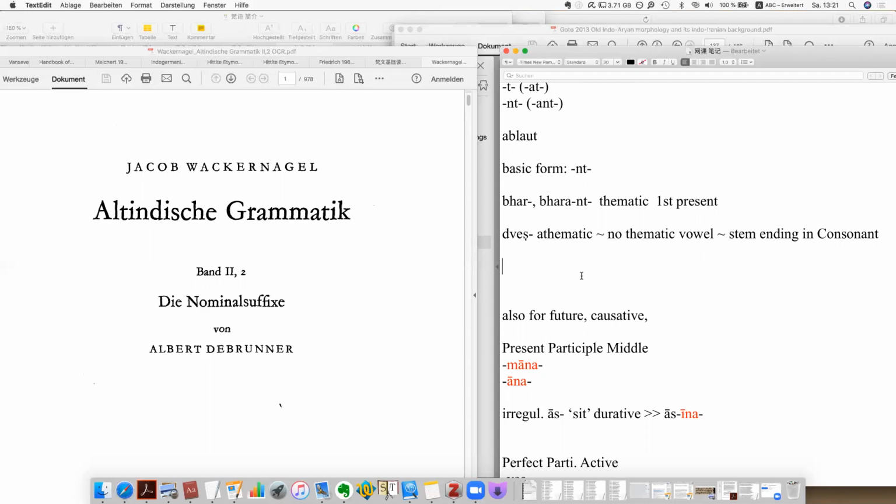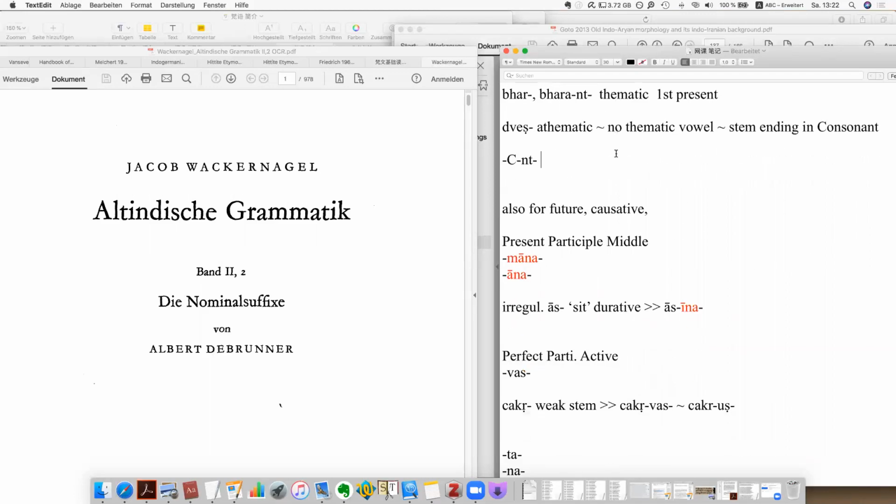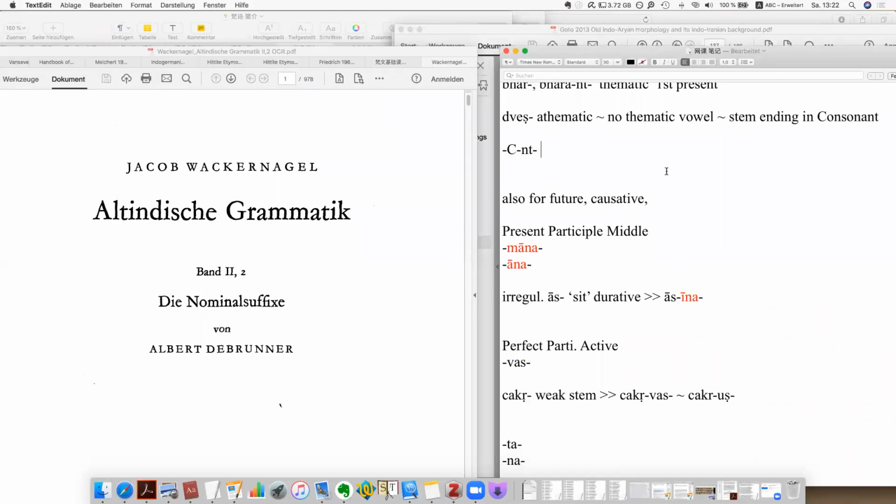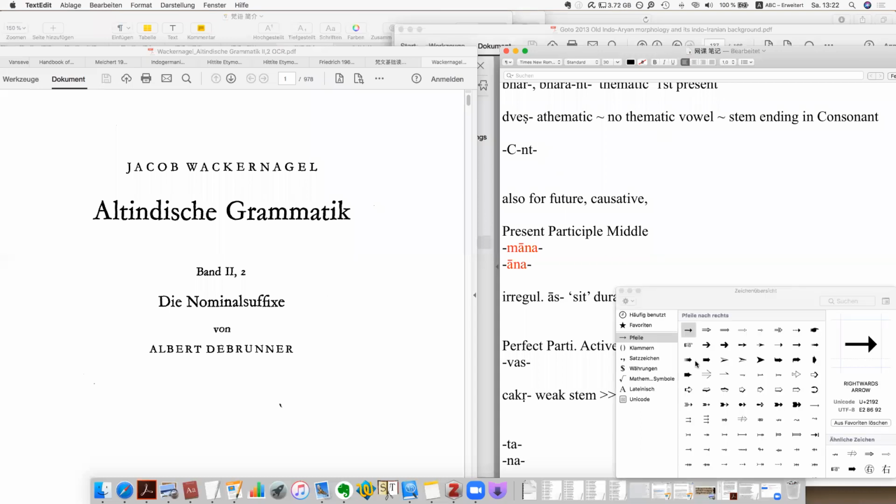So take a look. If we have a stem, and the stem has a consonant after this. And then, as I have said, you put the basic form after it, and you have this structure. Again, this goes back to something I talked about a long time ago.